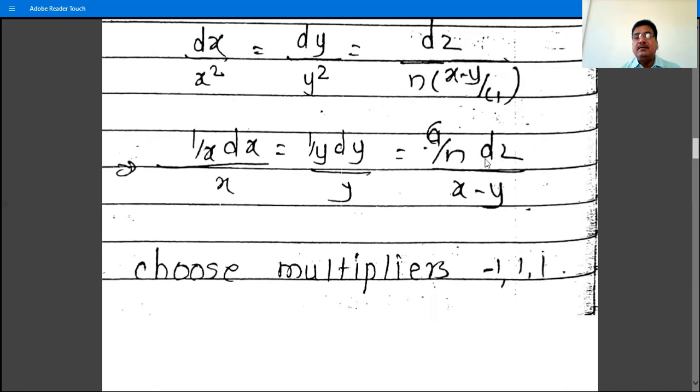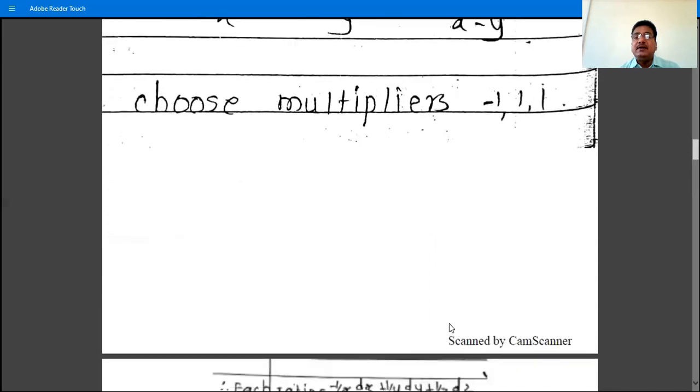We have c1 by n. And so if you observe x, y, and x minus y, we say that the multipliers are minus 1, plus 1, and plus 1. So directly we can apply these multipliers to this.